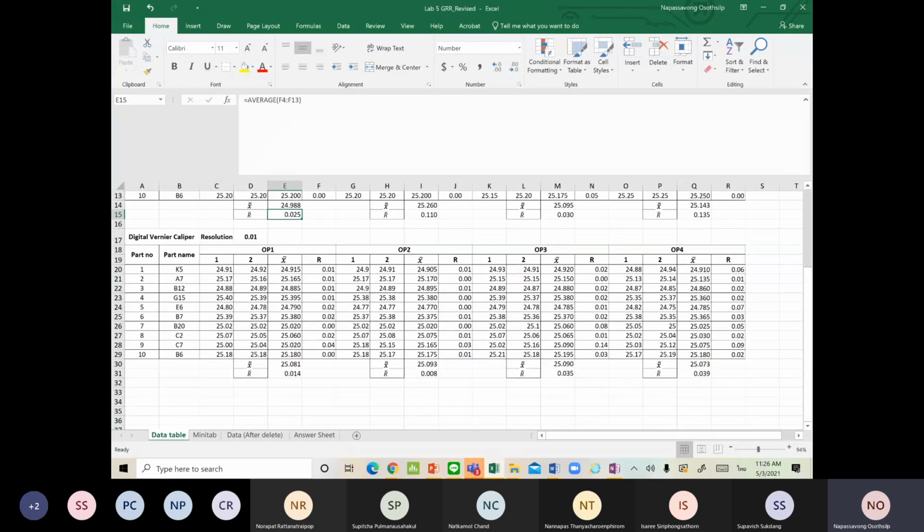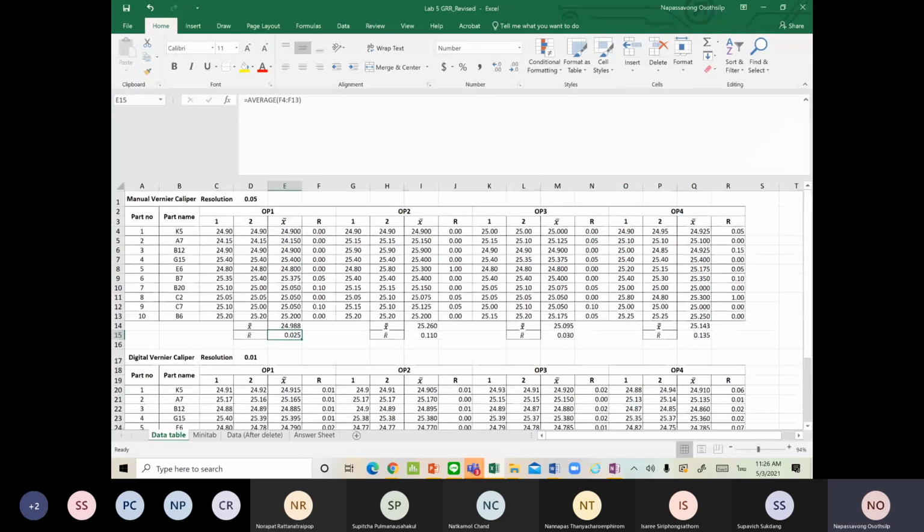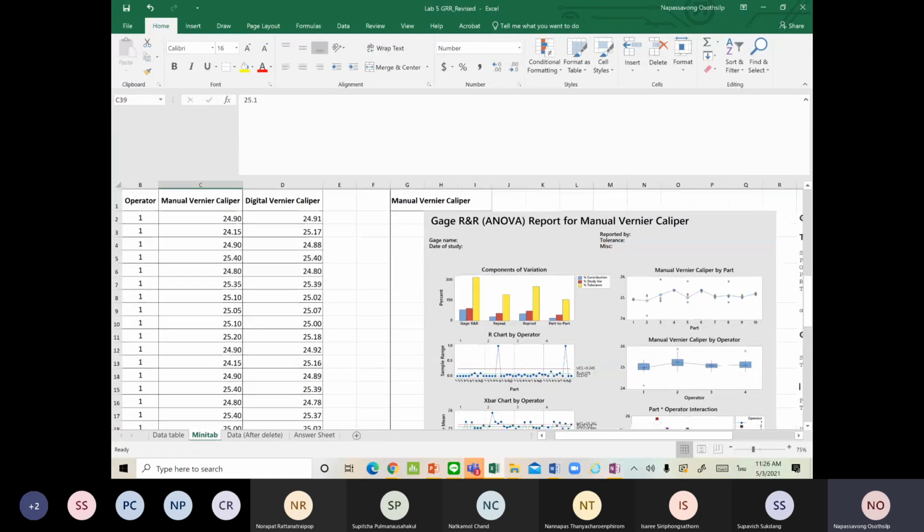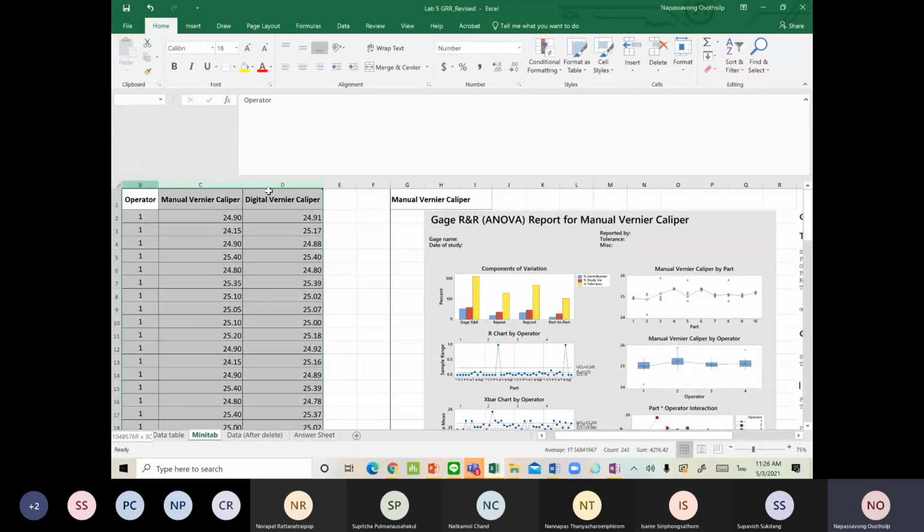And then if we need to do the analysis with Minitab, you have to arrange this data format into the format that Minitab requires. And the format that Minitab requires is like this. It needs 3 columns, actually 2 columns for each device, for example, manual vernier.